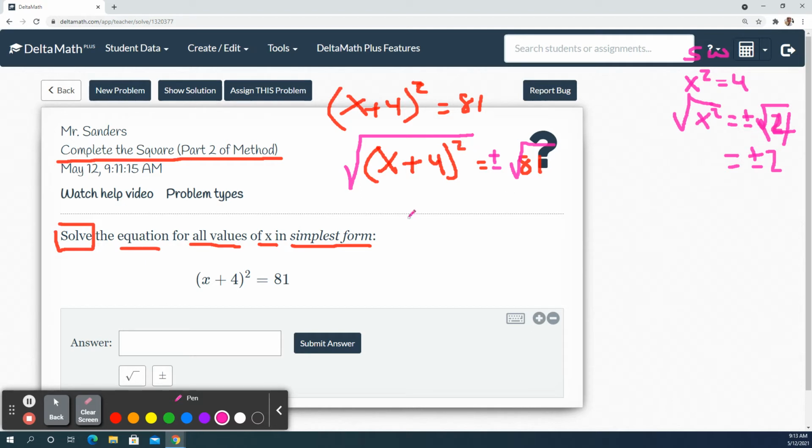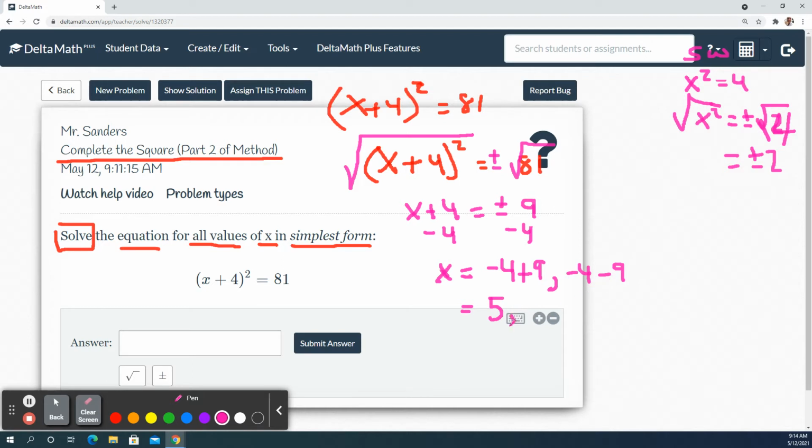That's the rule. So now we have x plus 4 equals plus or minus the square root of 81, which is 9. And then subtract 4 from both sides. I get x equals, we have two solutions, negative 4 plus 9 and negative 4 minus 9. We want to finish it off. Negative 4 plus 9 is positive 5.